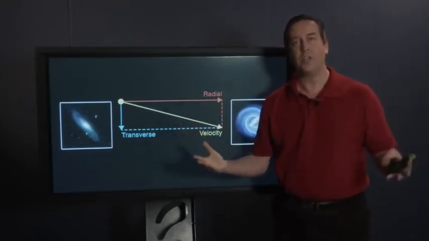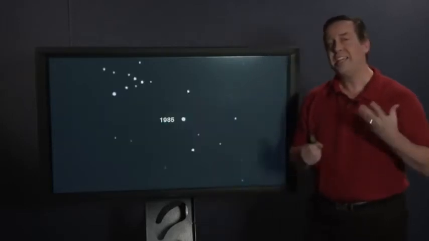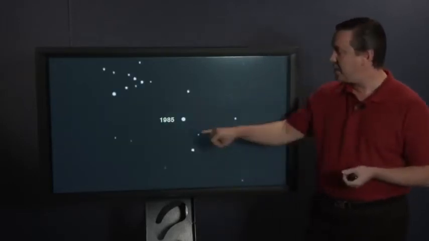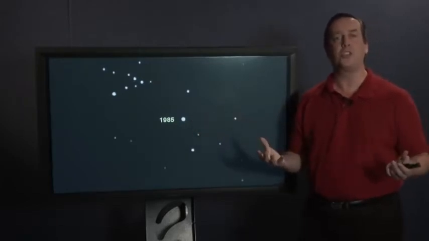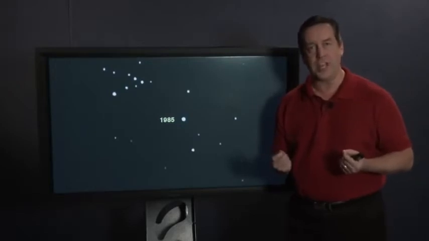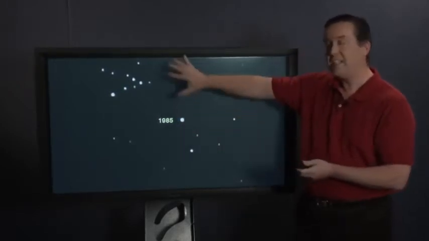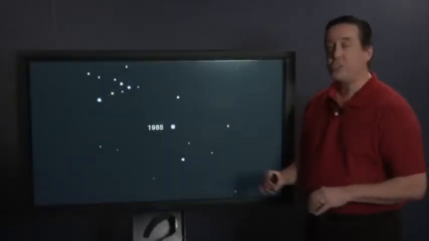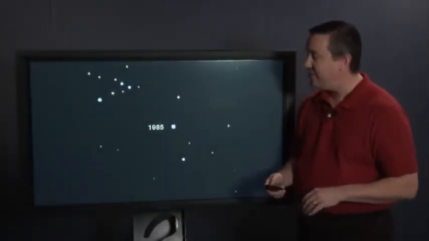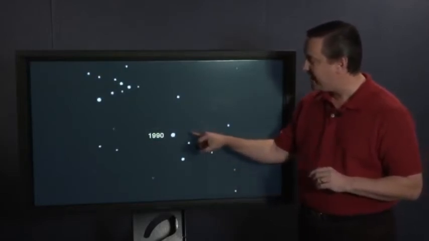So how do we measure this transverse motion? Well, measuring transverse motion for stars can be somewhat easy. This is a very particular star here. It's called Barnard's star. It has what we call the largest proper motion on the sky, which means that we can see its motion relative to the background stars. Barnard's star was in this position in 1985 relative to the background stars, and here's where it was in 1990.